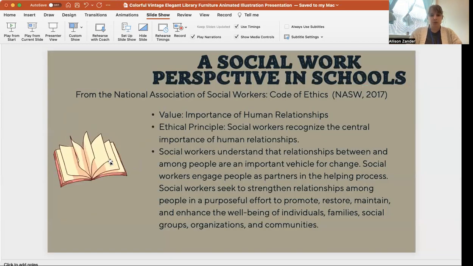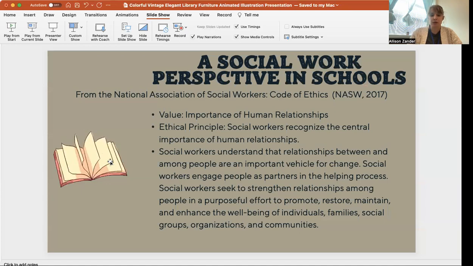From a social worker perspective, it's important that no matter what the situation we're dealing with is, we understand the importance of human relationships. From the National Association of Social Workers Code of Ethics, understanding that means social workers understand that relationships between and among people are an important vehicle for change.